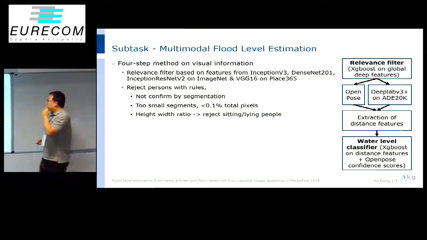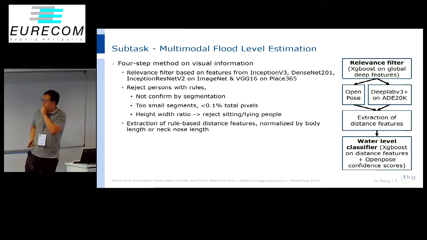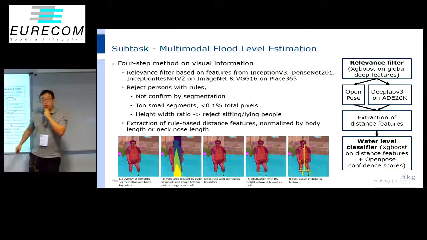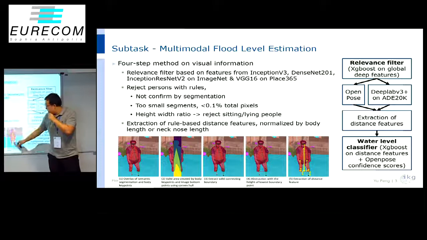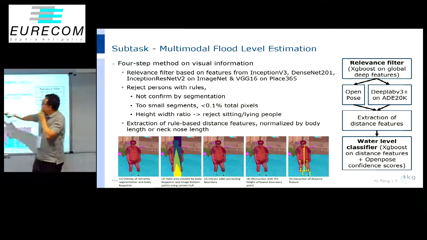After that, we extract some distance features, because we see that a very good relationship we can represent is the key points of the body to the water line. So we can represent the relationship between the people and the water. That's why we also reject some persons.